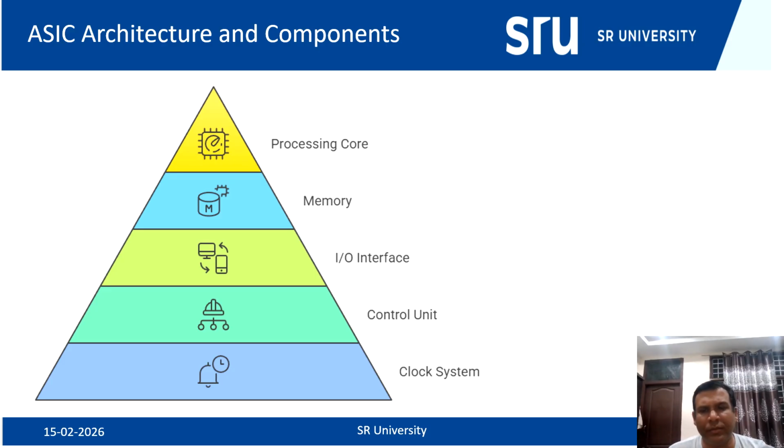Then the input and output interface is also an essential component in ASIC architecture. These I/O interfaces enable the communication between the ASIC and external devices such as sensors, actuators, microcontrollers, or other system components, which is required for real-world applications. It ensures proper data transfer between the ASIC and the external environment.